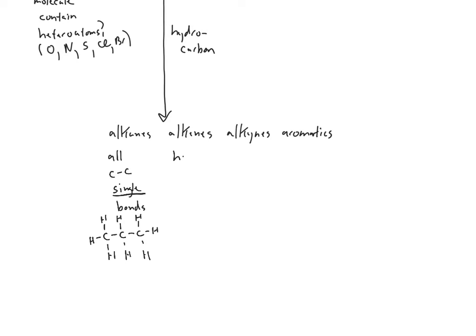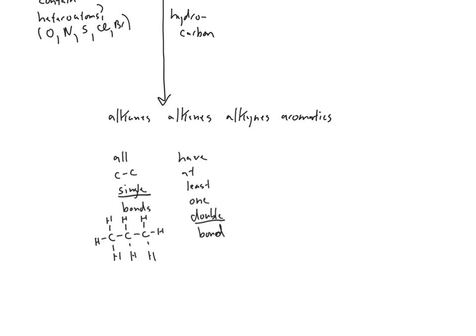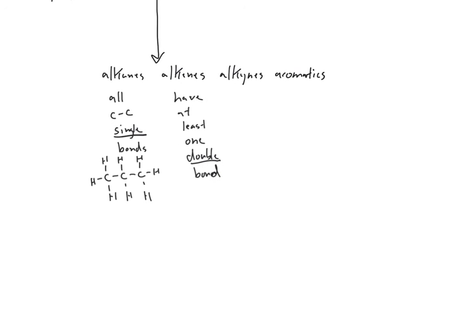Alkenes have at least one double bond. Fill in, give each carbon 4 bonds.